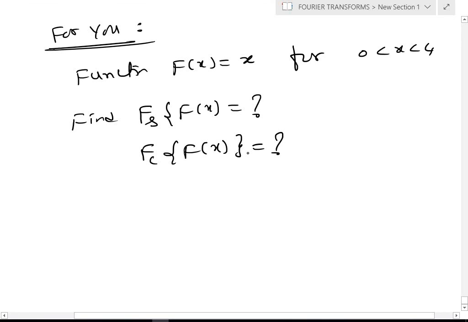So now let us take another example for Fourier sine and cosine transformation.